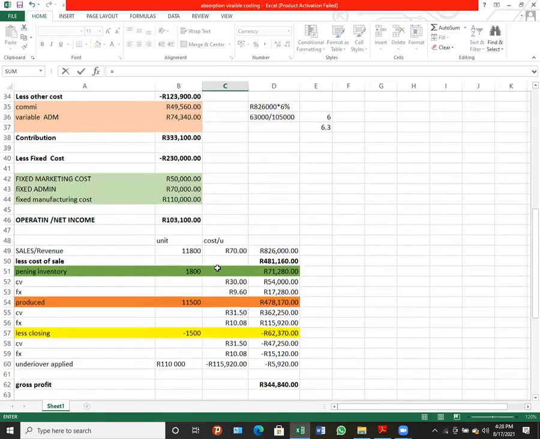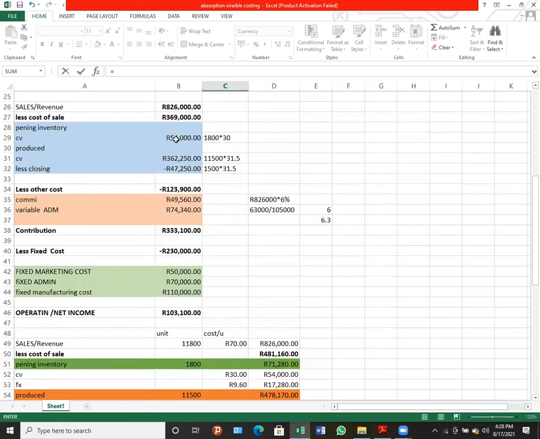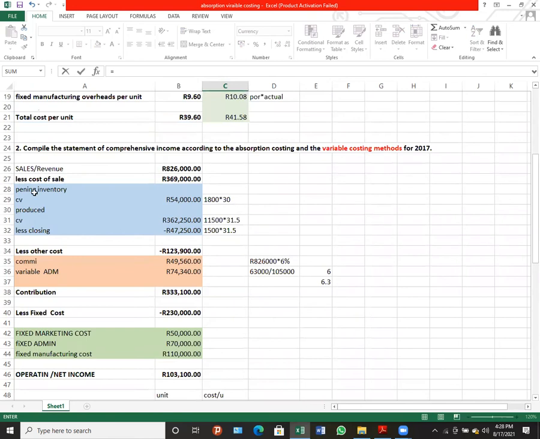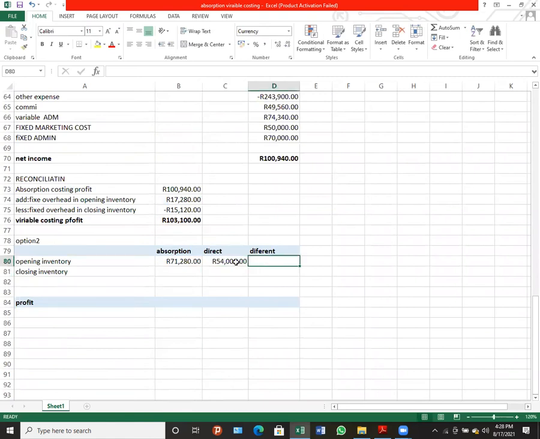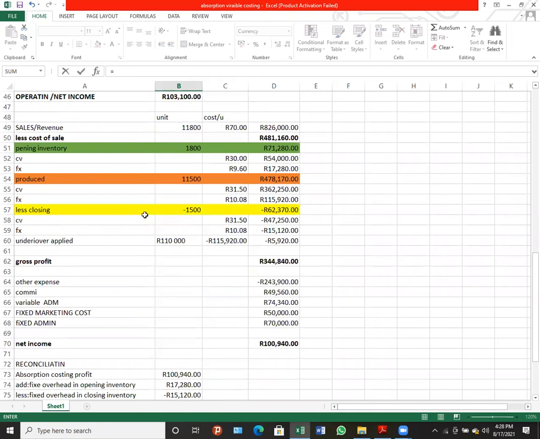The direct or variable opening inventory is equal to this one. And then the difference, this less this is equal to this. And then I'm going to take the closing. The closing is equal to this one.